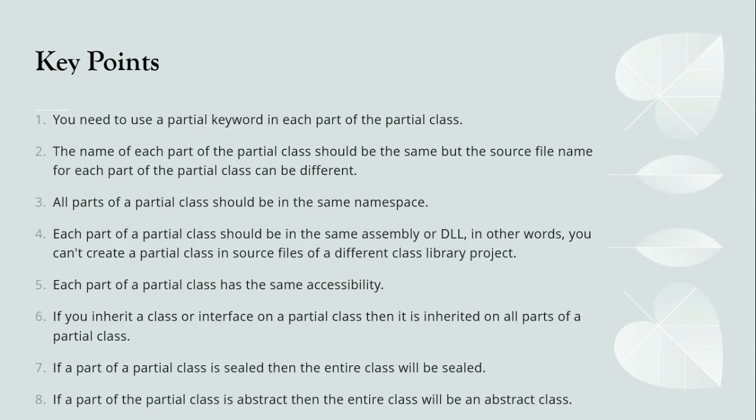Each part has the same accessibility. If you inherit a class or interface on a partial class, it is inherited on all parts. If a part of a partial class is sealed, then the entire class will be sealed, and similarly, if a part is abstract, then the entire class will be abstract. These are some key points that you need to keep in mind.